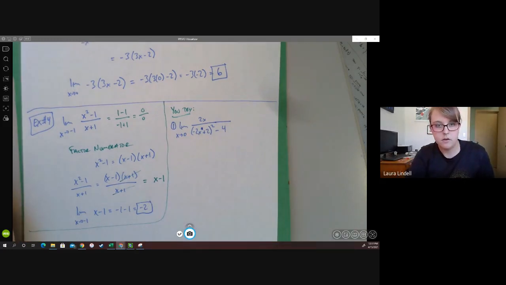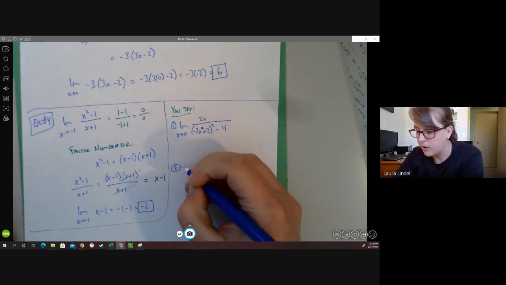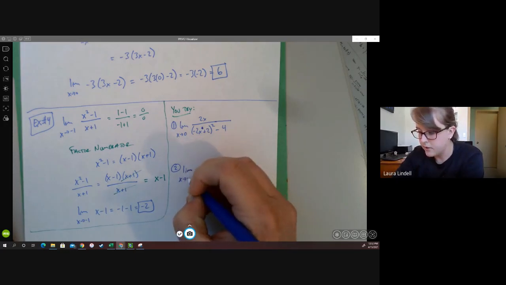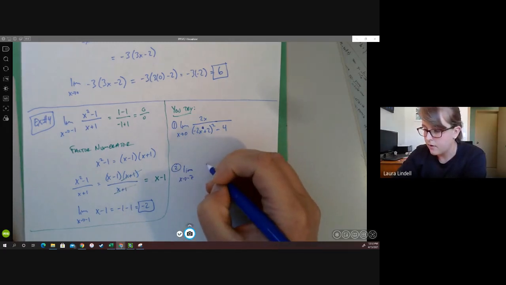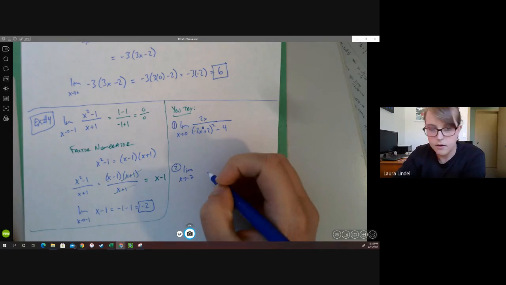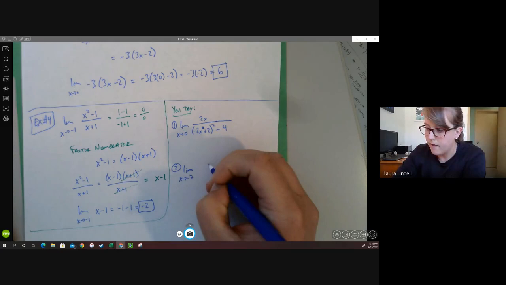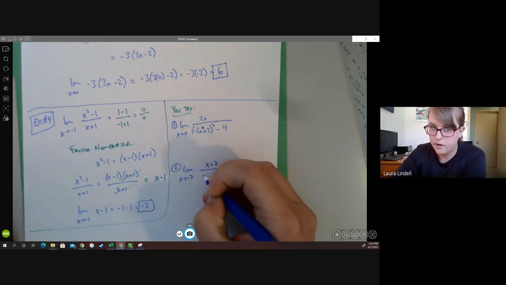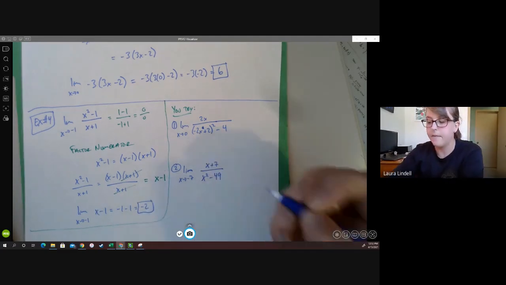And then the second one, we'll go the limit as x approaches -7 of x plus 7 over x squared minus 49.